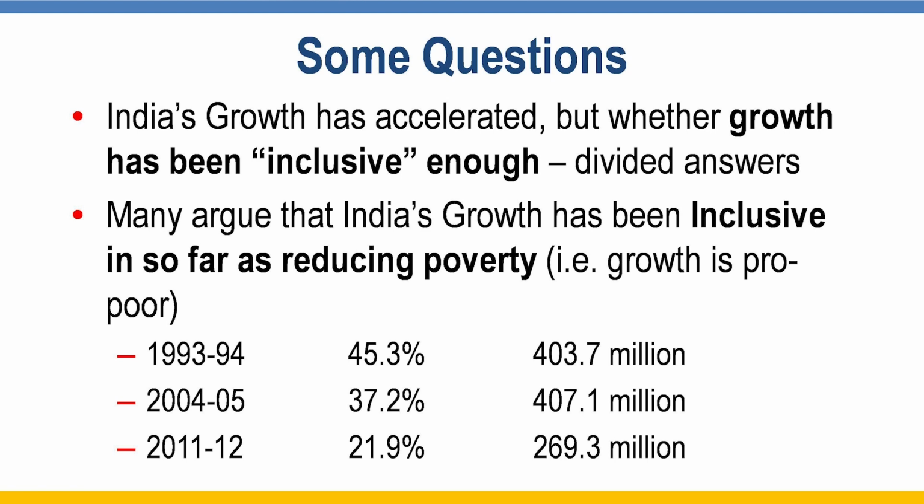In 1993-94, the poverty ratio in India was 45.3%, with 403 million people estimated to be poor. In 2004-05, the headcount has gone down to 37.2%, and in 2011-12, it has further reduced to 21.9%.